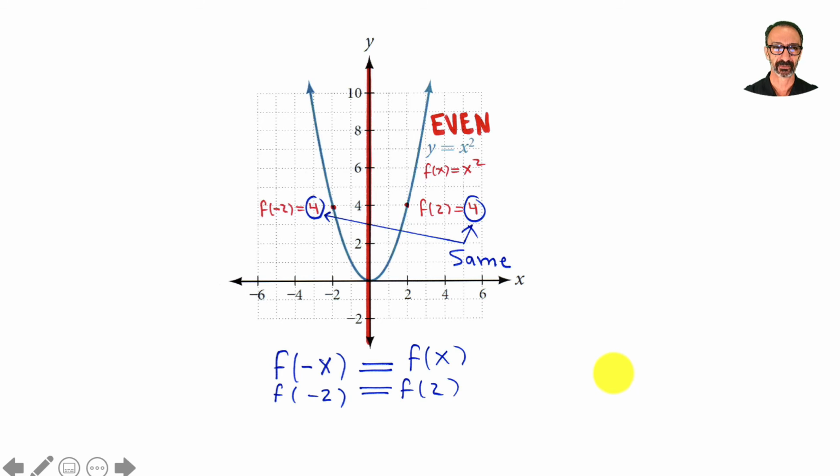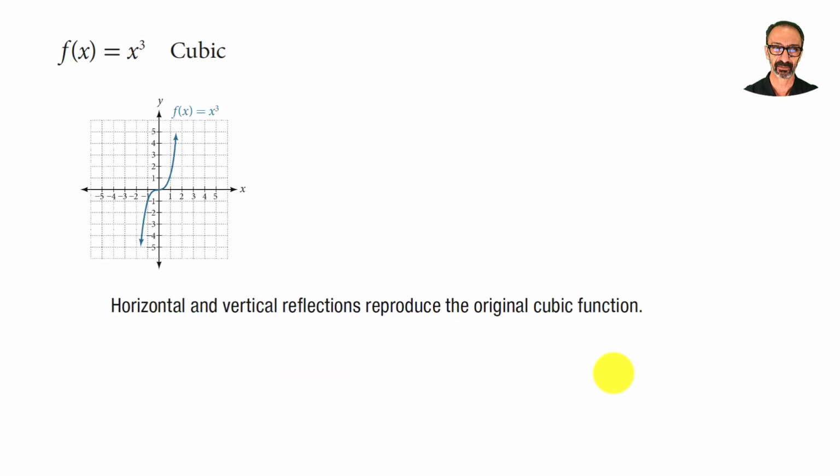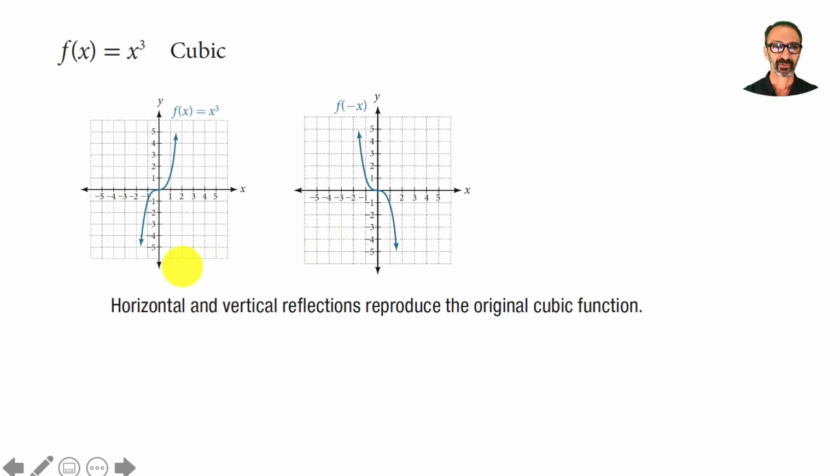Odd functions. The best example is the parent function x cubed. And that's another way to call it odd, because of the cube. Horizontal and vertical shifts produce the original cubic function. Take a look. X is being replaced with minus x.